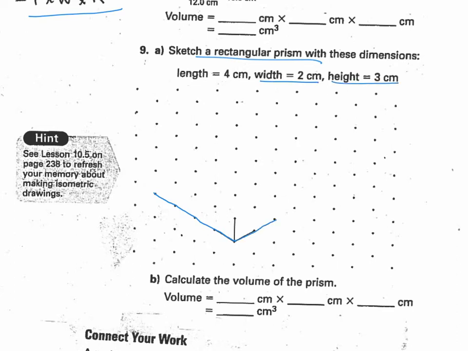The height is 3. 1, 2, 3. I'm going to add the height to this vertice and the height of 3 centimeters to that vertice. I'm going to connect the dots as neatly as possible. Width is 2, length is 4.